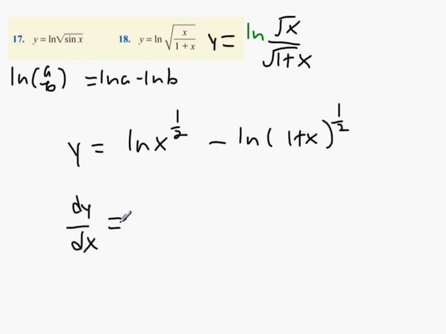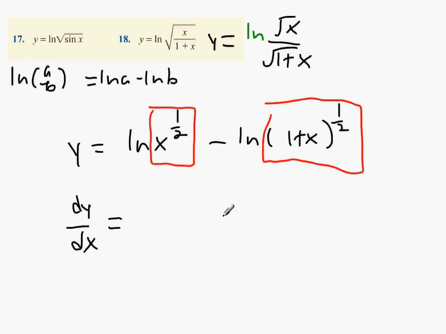Now, when you differentiate, does anybody remember how to differentiate a log? It's one divided by whatever comes beside it. Okay? So, I would have told you it's 1 divided by box, differentiate the box.